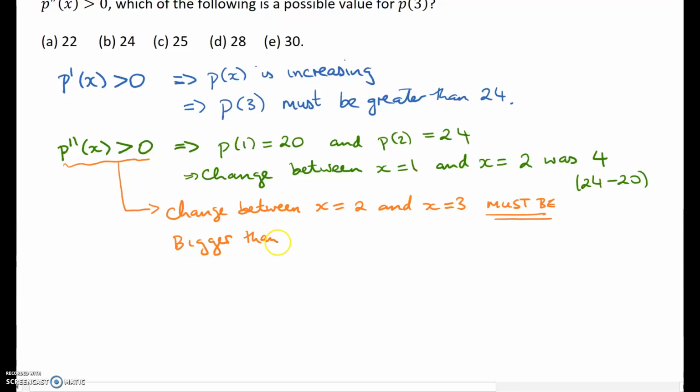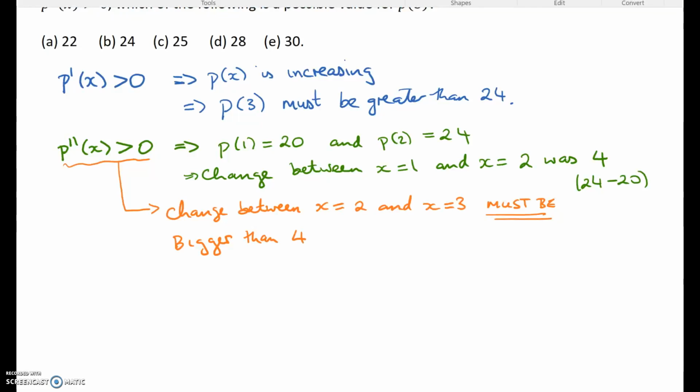In other words, bigger than the change between 1 and 2. So if P double prime of x is positive, that means P prime of x is increasing. So the change in each value of x is increasing. Okay? So the change between x equals 1 and x equals 2 is 4. Therefore the change between x equals 2 and x equals 3 must be more than 4.